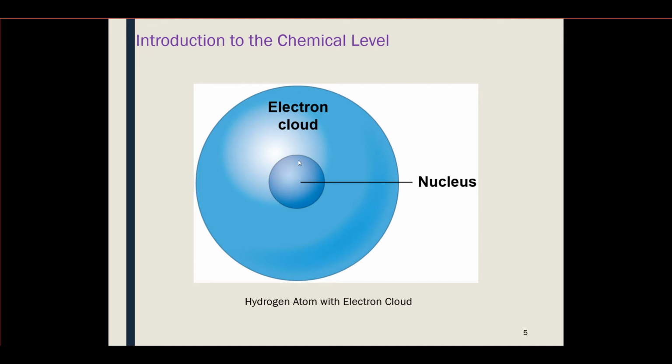This middle part is where the nucleus would be. So in any atom, protons and neutrons would be living in here. And out here, this whole area is the electron cloud. The electrons don't just sit, like if my cursor was an electron, they don't just sit like that. They actually move around in different patterns. So we can find them anywhere in this electron cloud.